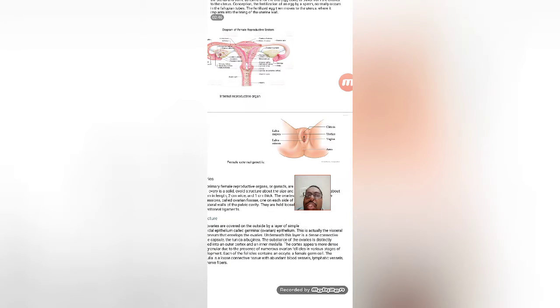In the female reproductive external genitalia, mainly three parts are there, and one thing you have to understand: in the female there are two different pathways, one for the passing of urine and one for the reproductive system.